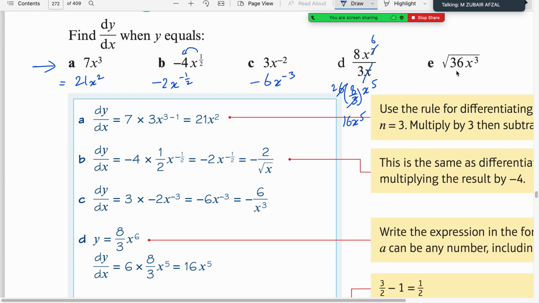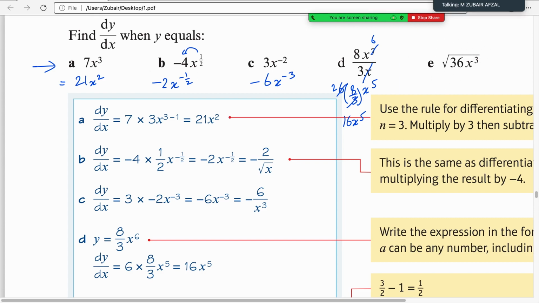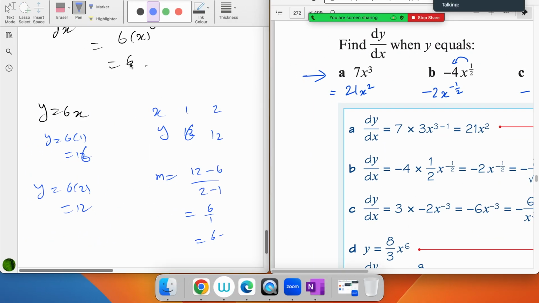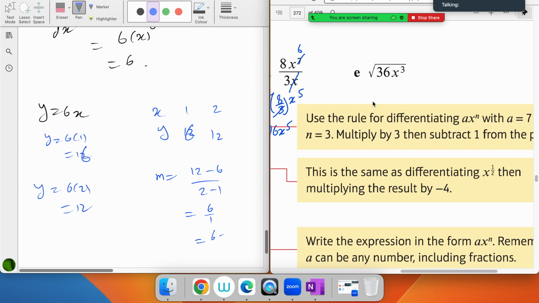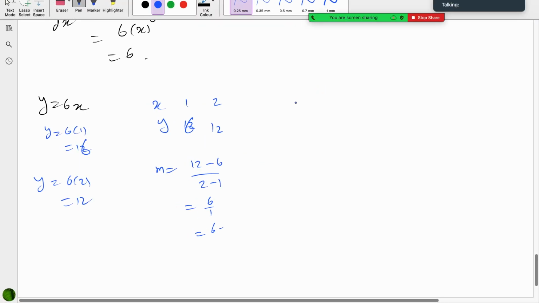Now there are two things with the square root. What you can do is, this was square root 36x cube. So square root 36x cube, let me write y here. So we can write that this is square root of 36 into x raised to power 3 by 2.